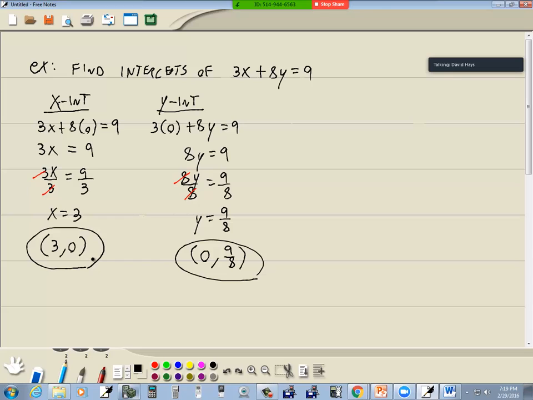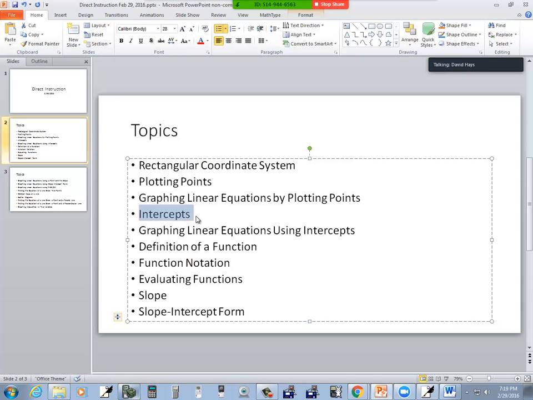And there'll be other things you'd find, like increasing and decreasing intervals, mins and maxes, and all of those different components help give you the true picture of what the graph looks like. But let's take a look at graphing one of these now, and see why some people like graphing using intercepts.